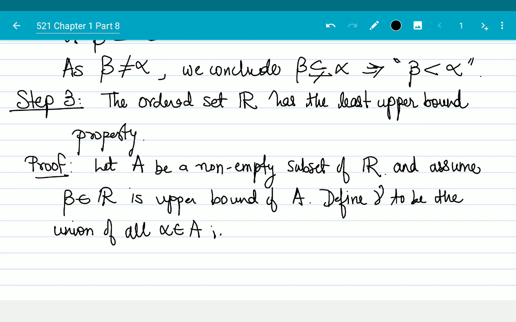I.e., P belongs to gamma if and only if P belongs to alpha for some alpha belonging to A.